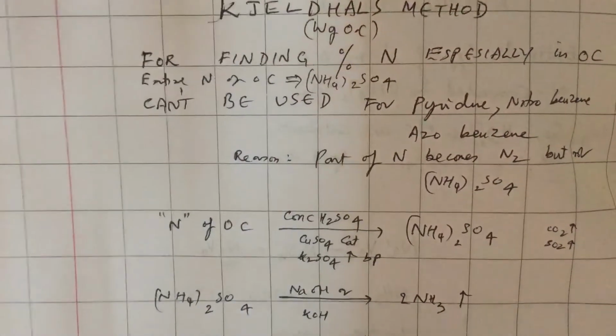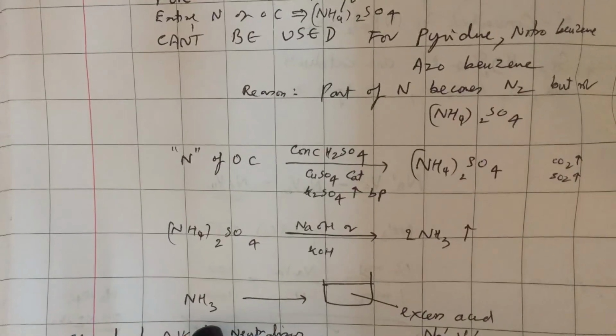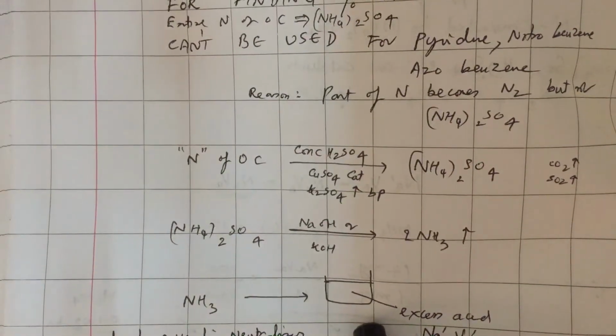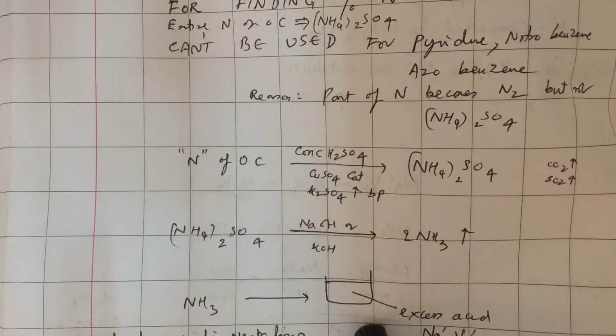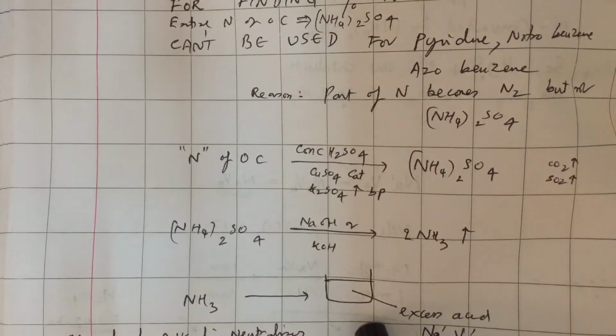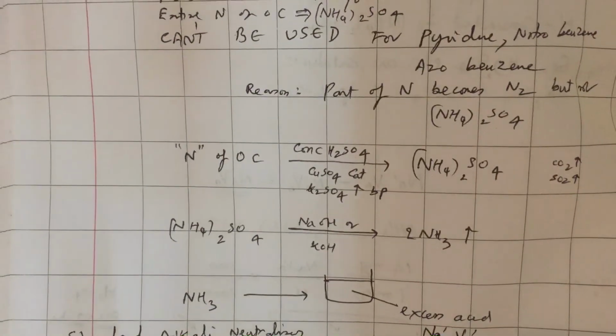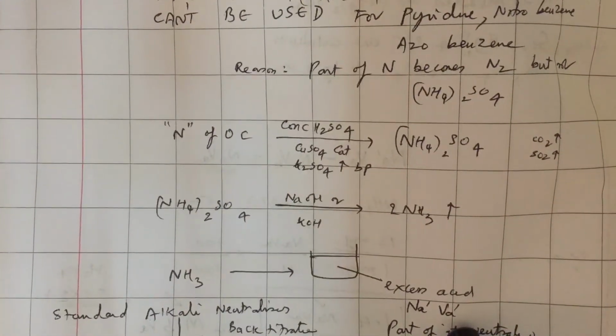And the ammonia is now bubbled into a conical flask that has excess of acid. You can take sulfuric acid for that matter. The normality of the acid you have taken, let us say, is N_A and its volume is V_A. This is excess.